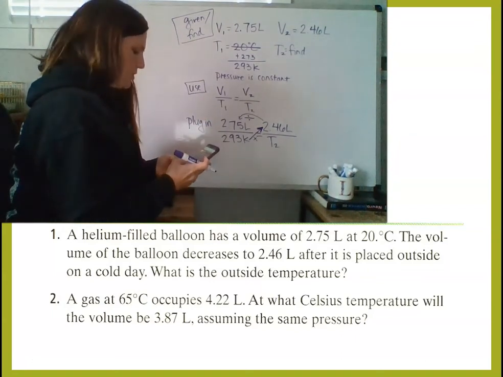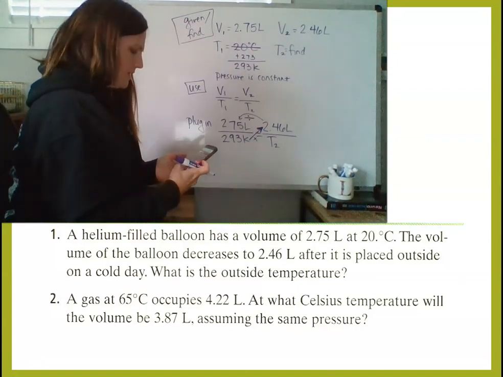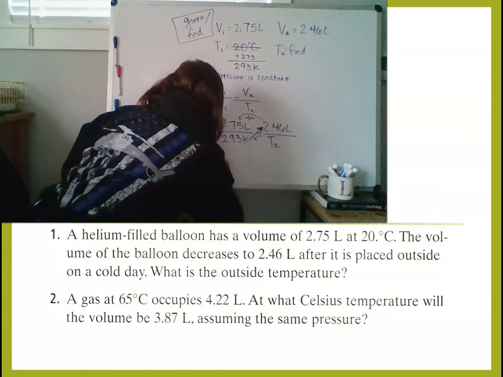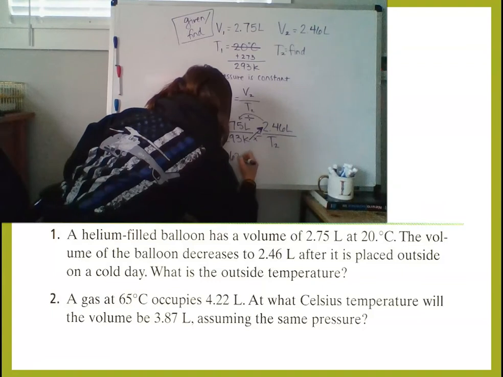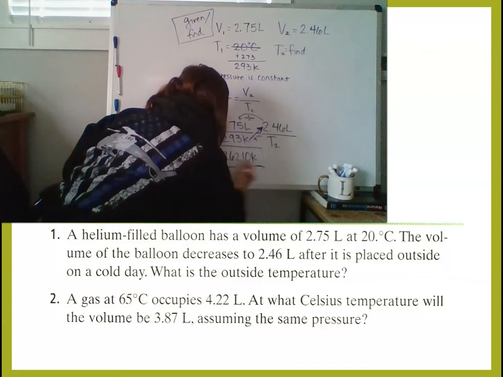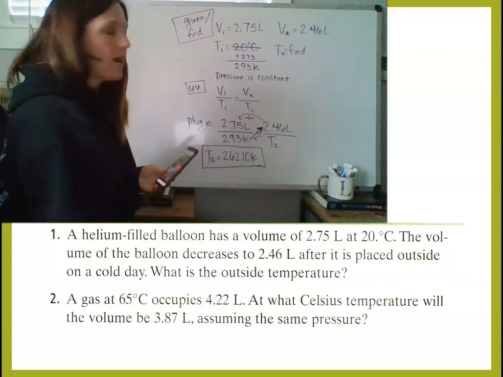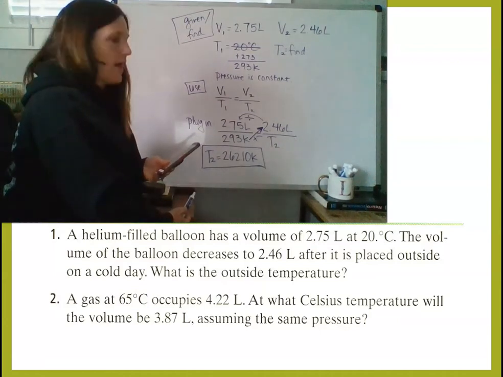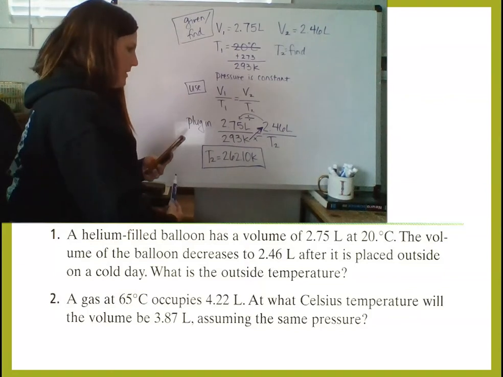So I'm going to say 293 times 2.46, and then divide that by 2.75 to give me 262.10 Kelvin. So T2 equals 262.10 Kelvin. Remember, if you're typing this out, put a space here and Kelvin is capitalized. So this would be my answer for my outside temperature.